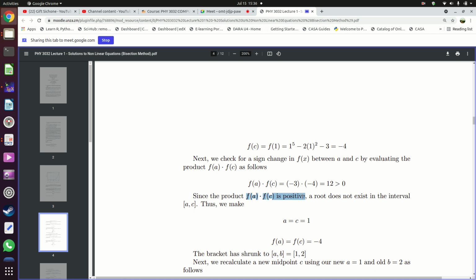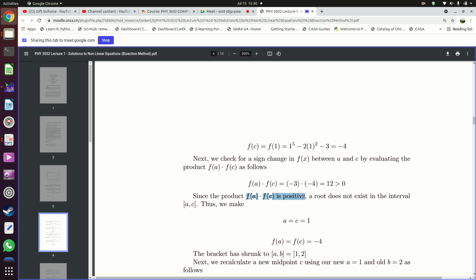I am saying that if there is no answer between A and C, remember AB is our bracket, it's big. But if between A and C there is no answer, then we can move A so that A becomes C, because between A and C there's nothing there. Yes, sir.